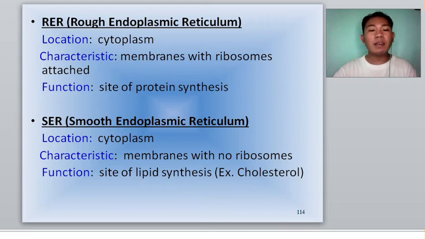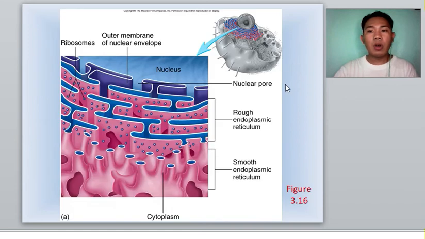Thus, its function is for lipid synthesis and carbohydrate synthesis, or in simple terms, lipid production and carbohydrate production. So this is the typical structure of your rough endoplasmic reticulum peppered with ribosomes, and this is your smooth endoplasmic reticulum, in the absence of ribosomes.